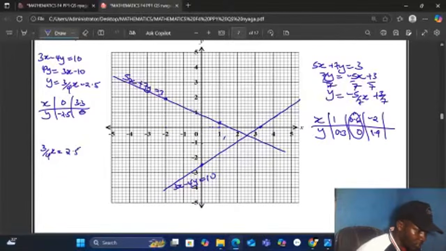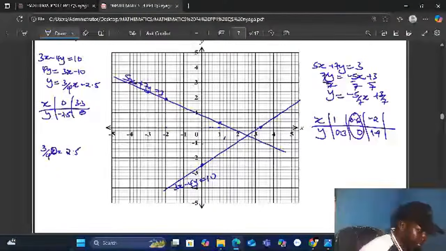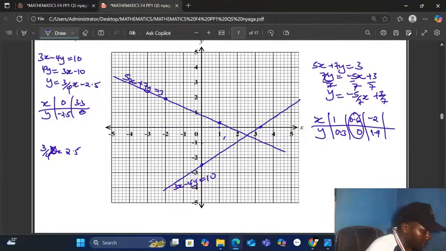We have y as 0. Now we can replace our y with 0, so that we have 3 over 4x.